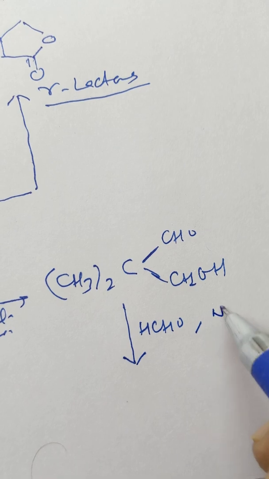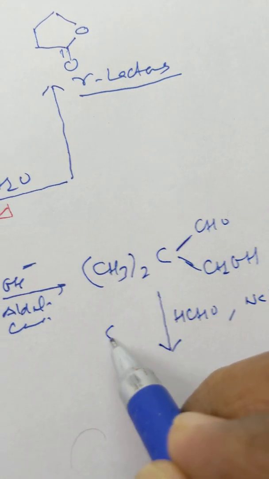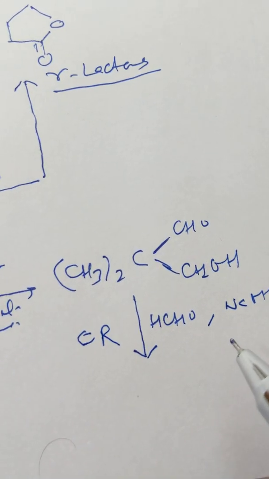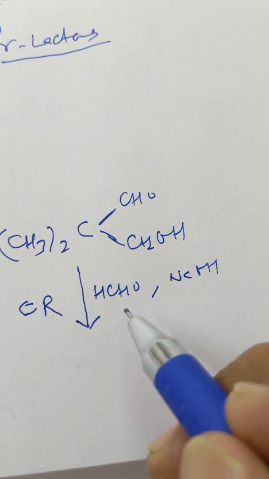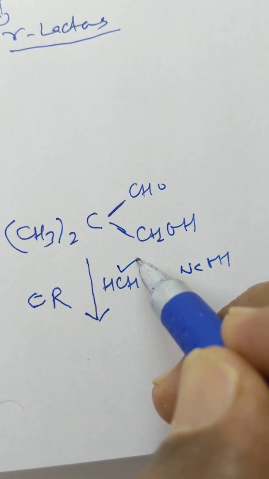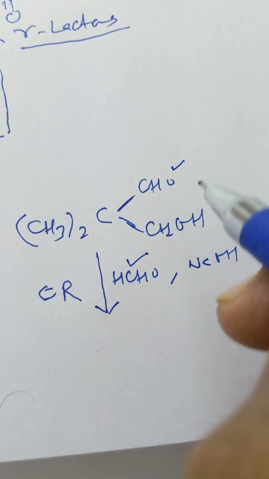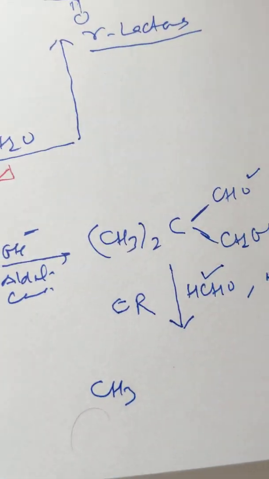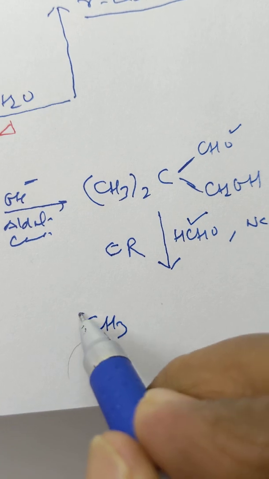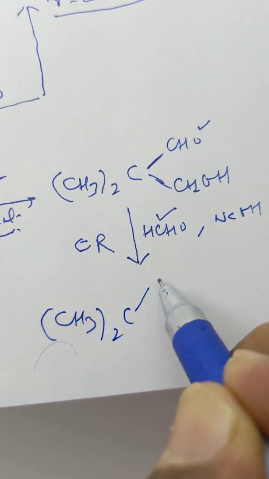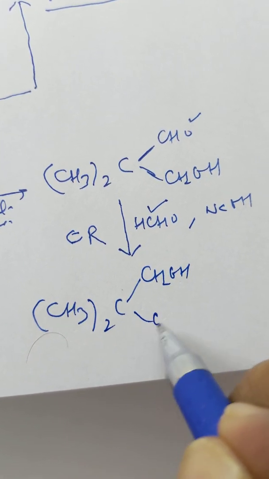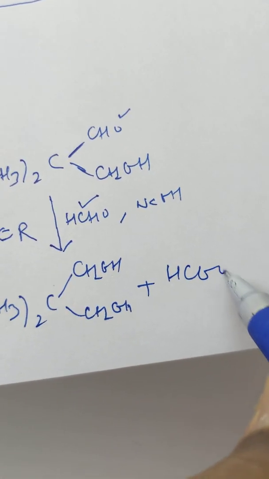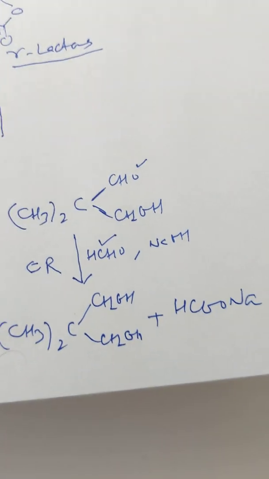Now again we have formaldehyde. Now with NaOH, it will undergo crossed Cannizzaro reaction. As I told you, this will be oxidized and this will be reduced. So when this is reduced, it will be CH2OH, plus this is oxidized to acid, that is HCOONa is the product.